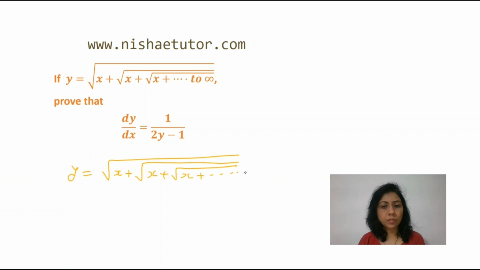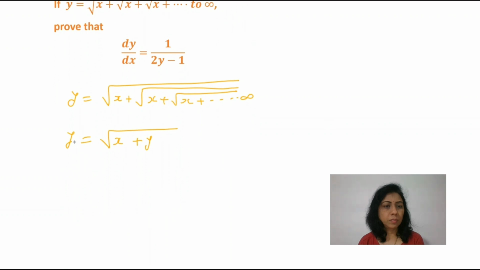Okay, so here y is equal to square root x plus, and this value is again the same as y. So taking square on both sides, we get y square, and the square and square root cancel, so y square is equal to x plus y.